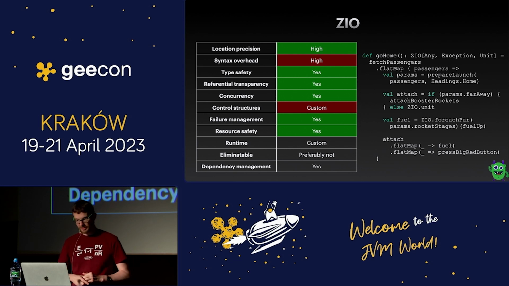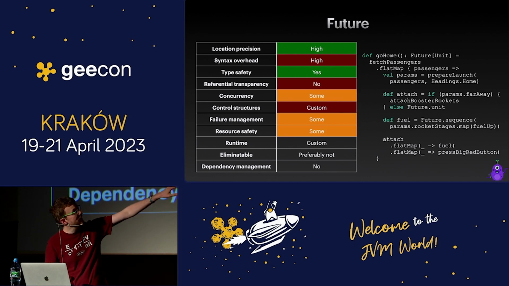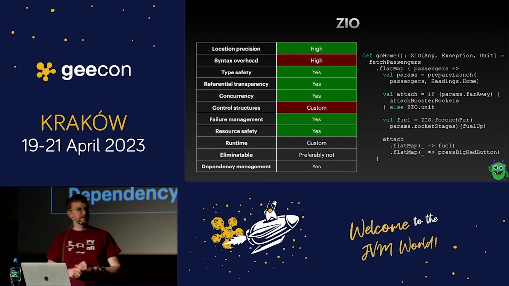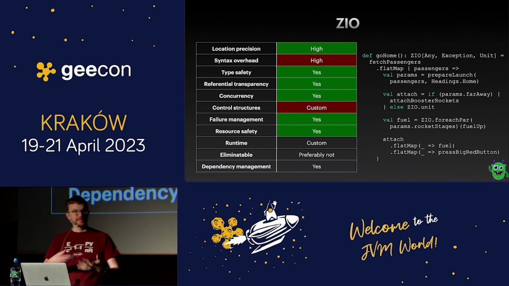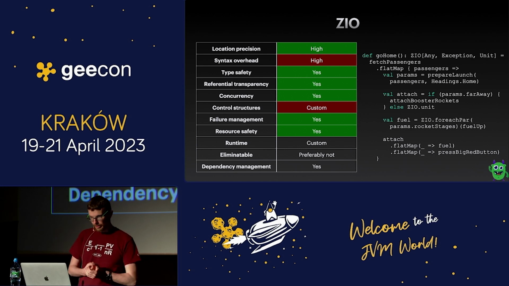You might also notice that here we use methods for attach and fuel, and if we used vals, it might actually influence when these effects happen. Here we can just use vals. We can define constants because it's just a description. It doesn't do anything. And the logic is the same, right?